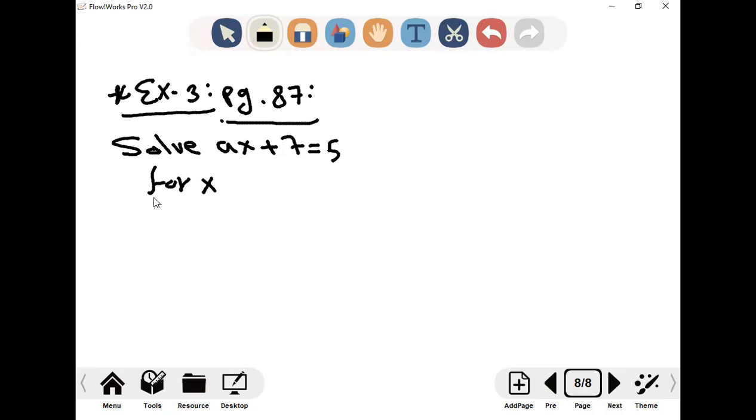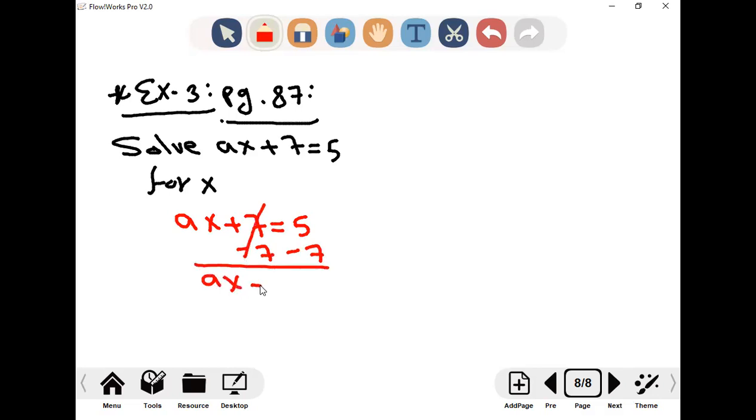Got it? So we are solving to make x alone. So here, first I will get rid of plus 7, then I will divide by a. So here I will rewrite the equation: ax plus 7 equals 5 minus 7.